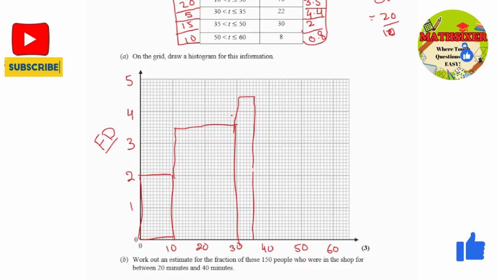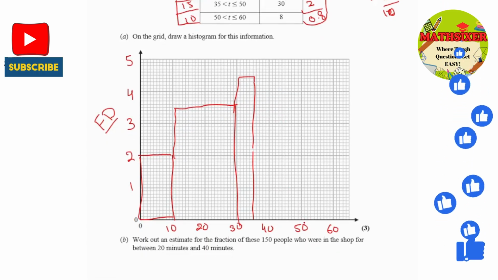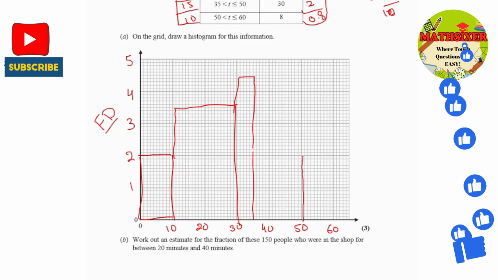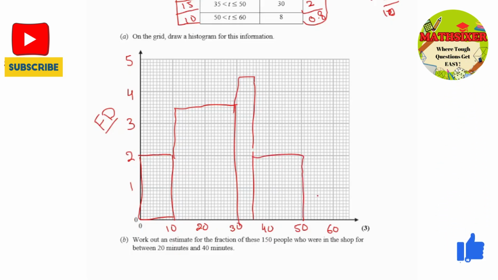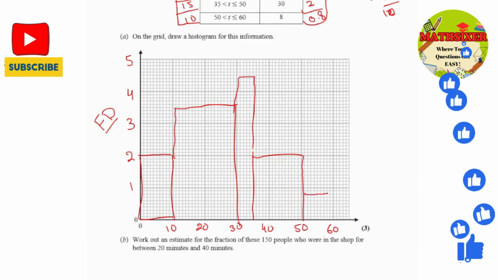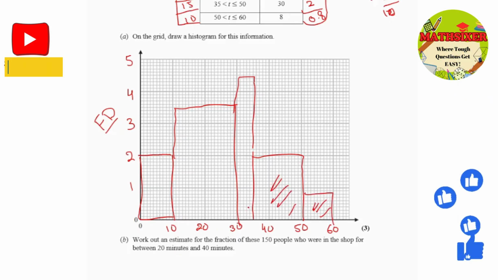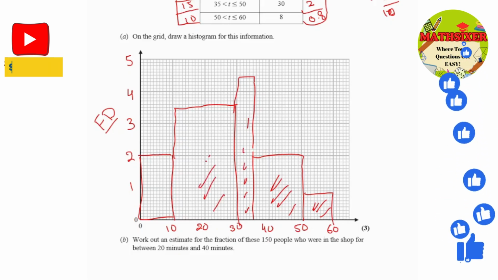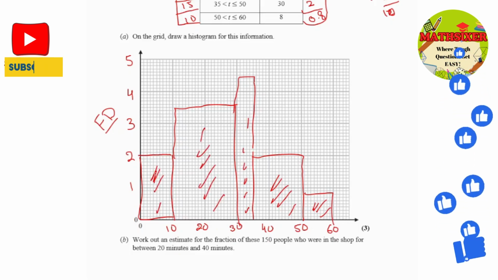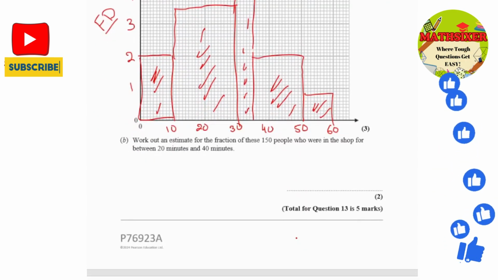Okay, and the next one we have 35 to 50, which is 2. And we're going to sketch our histogram like this. And 50 to 60 is just 0.8. So this is our histogram. Okay. If you want, you can highlight the bars. And this is simple. It is a 3-mark question.